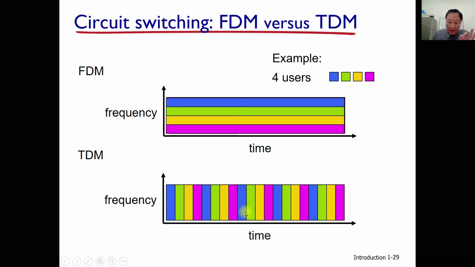That is TDM technology. This explained the technology for circuit switching, and depending upon frequency or time division, we can implement it.